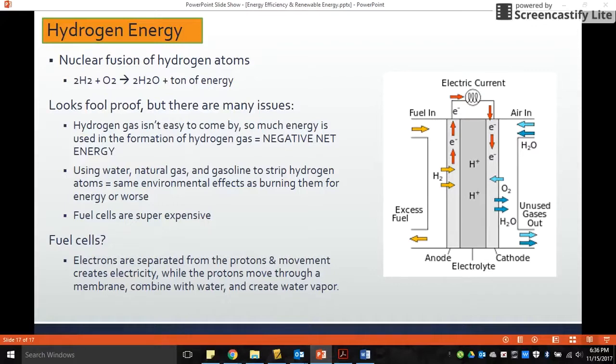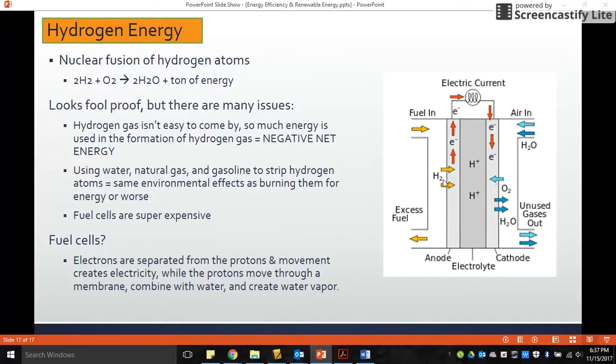And it could actually be worse because now we're stripping the hydrogen atoms from them, and then we could be producing even more CO2 in the end because now we're using that energy to mine the coal and drill for the natural gas or drill for the oil, and then we're also using energy to strip the atoms from the CH4 or whatever. So hydrogen fuel cells are really, really expensive. So right now the technology is not feasible for the normal human, the normal consumer.